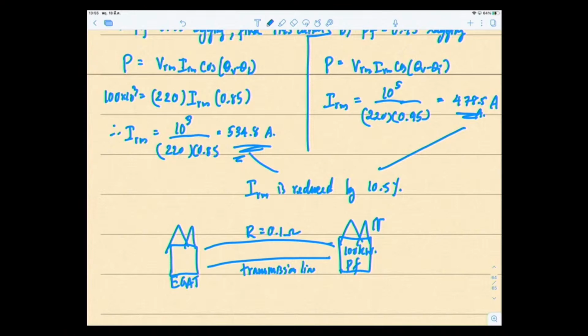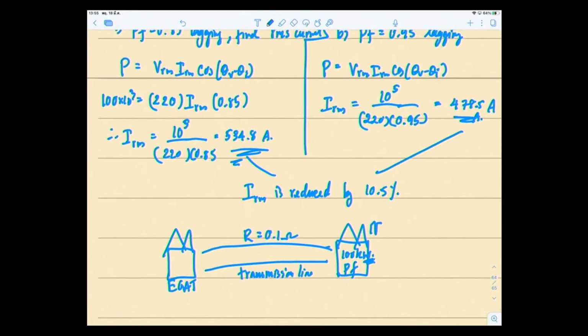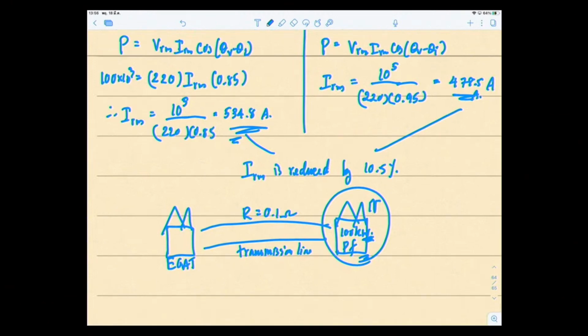Well, the company uses 100k watt. So EGAT definitely has to provide 100k watt to the factory, and of course, they are paid for what's consumed here. So if there's any loss along this transmission line, EGAT has to absorb it. The power company has to absorb it.